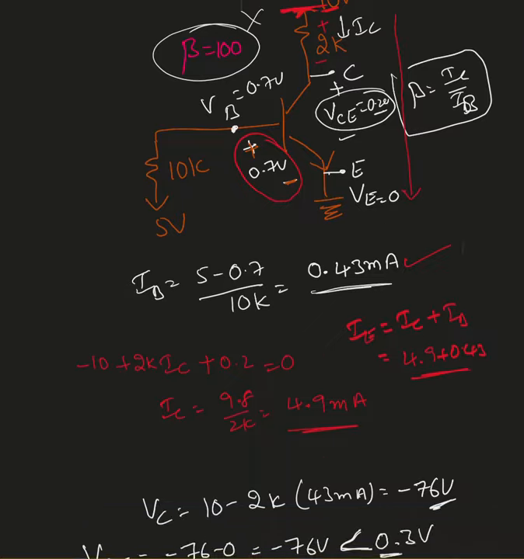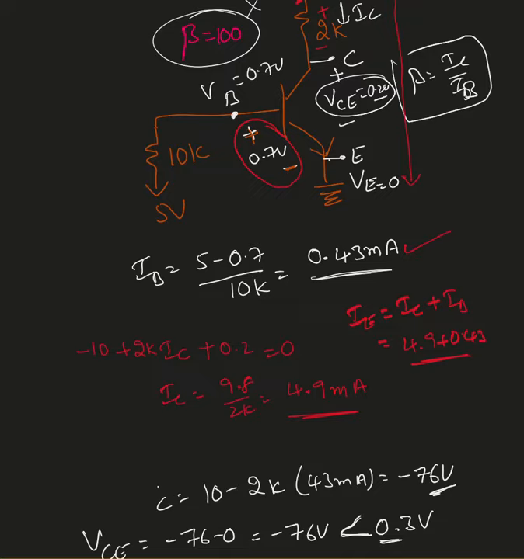Okay, now we can find the beta forced. The beta value is going to change when it is in saturation mode. Beta forced must be, the formula is the same, IC over IB. Now I have IC equal to 4.9 milliampere and IB is 0.43 milliampere.